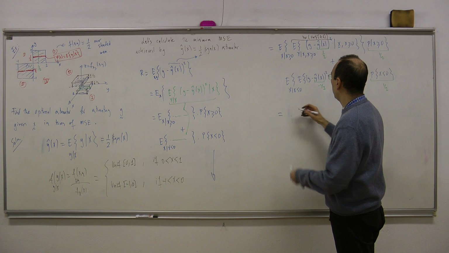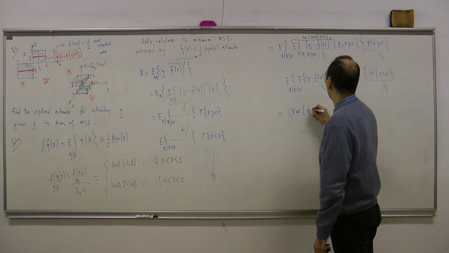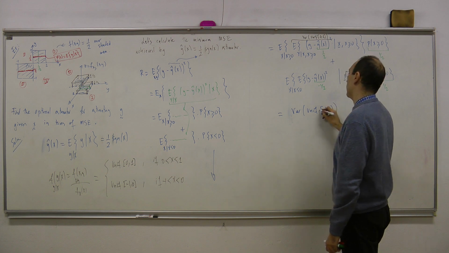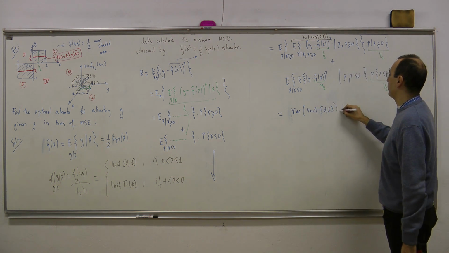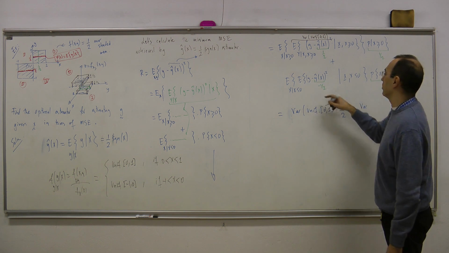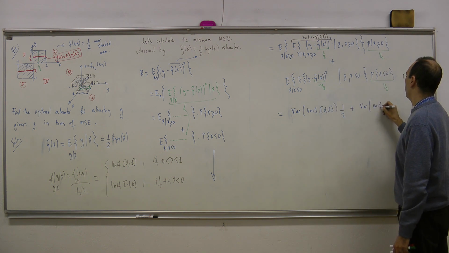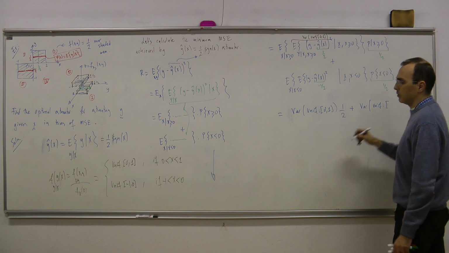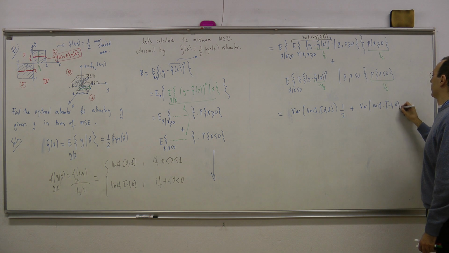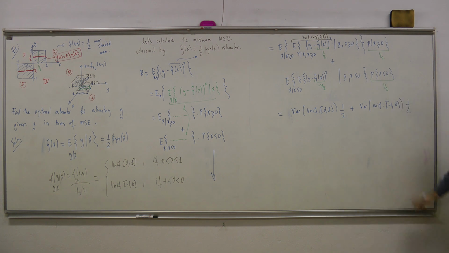Then this is equal to variance of uniform distribution in 0, 1, with some abuse of notation, times 1/2, plus variance of the same uniform distribution in -1 and 0 times 1/2.